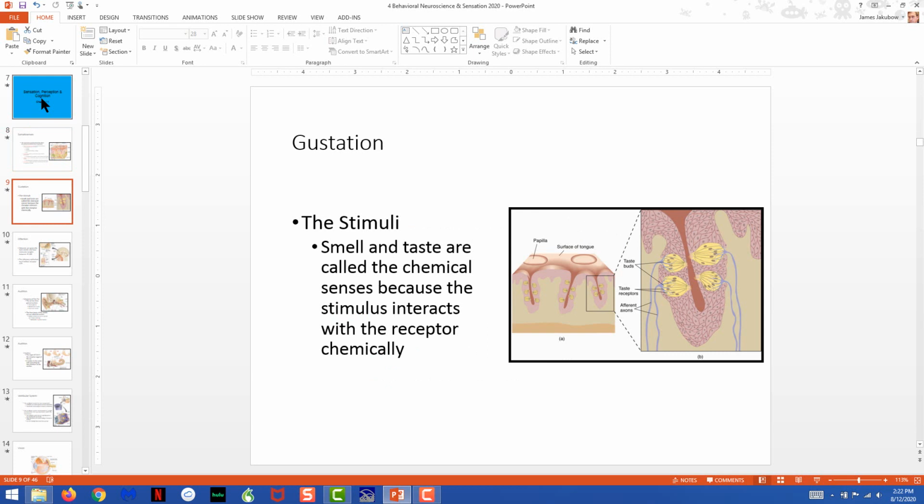For gustation, which is technically the detection of stimuli on your tongue, you go to different types of receptors themselves. These are essentially hair receptors, as you see in the diagram on the right-hand side. When you look at your tongue, you'll see these large disc-shaped spots, and people refer to those as your taste receptors.